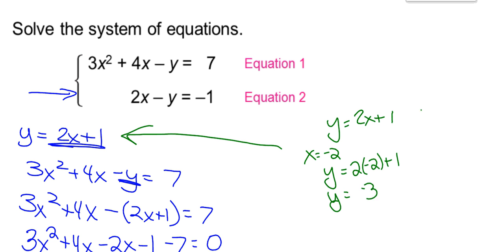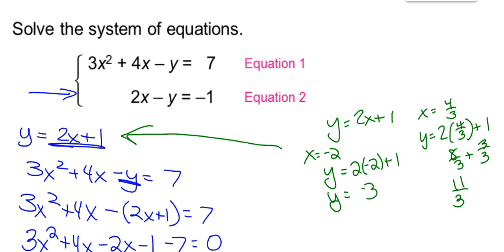And then when x is 4/3, y is 2 times 4/3 plus 1. So that's 8/3 plus 3/3. And so that's 11/3 is how I would categorize that. 4/3, 11/3, and -2, -3.